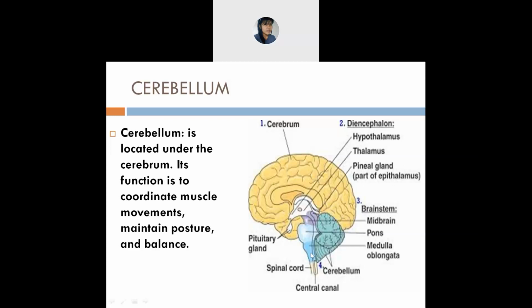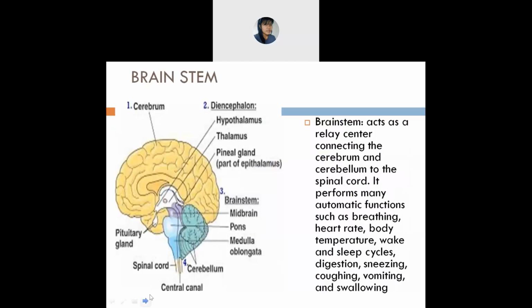Yes, ma'am. Okay, then who will tell me about the cerebellum? Dheeraj Kumar Kalita, please tell us about the cerebellum.